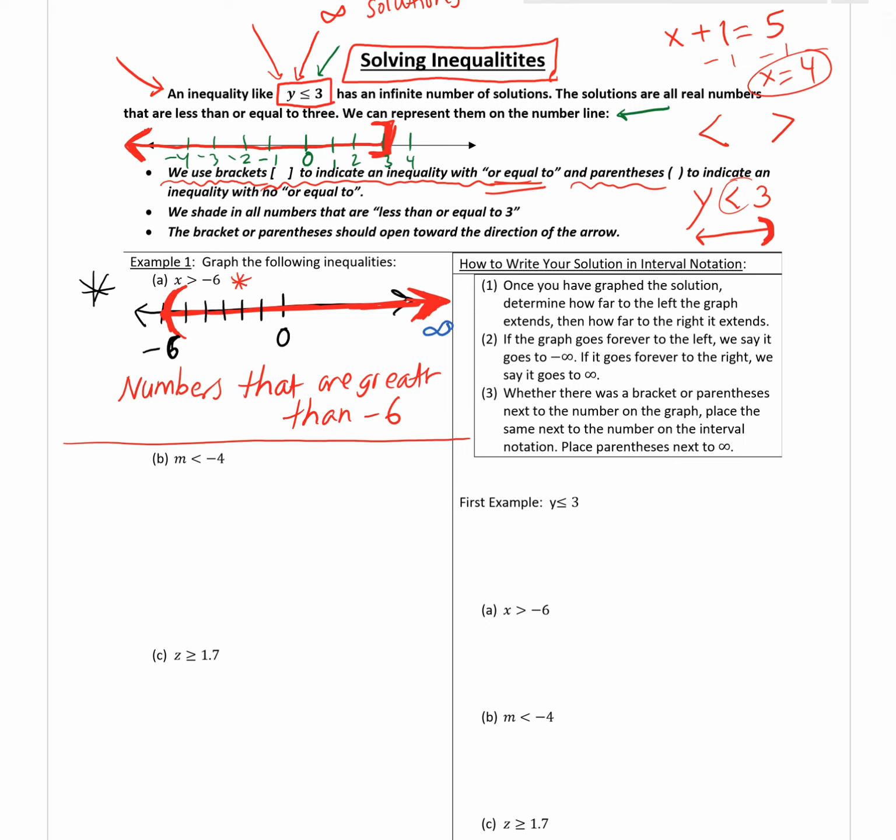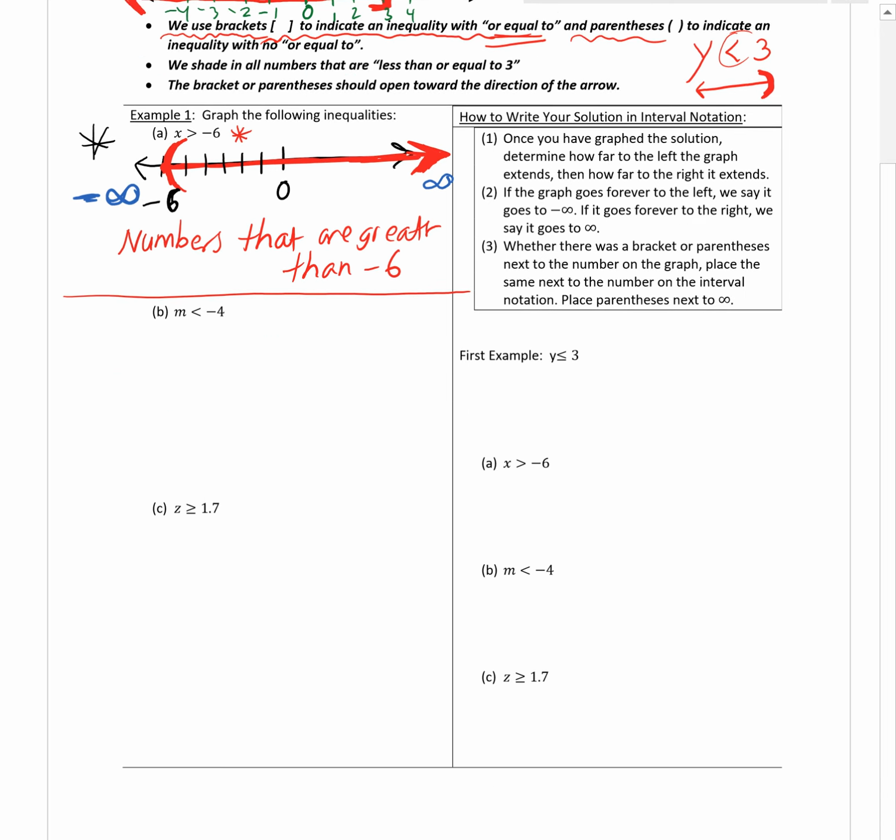That seems like it's also going to infinity, right? It's going -1, -2. If you go all the way that way, you're going to infinity. But to differentiate, we call it negative infinity. So that's the difference between going all the way to the right and going all the way to the left. On the left, you have negative infinity because those are all the negative numbers. On the right, you have positive infinity because those are all the positive numbers. Right now, you don't need to label that on these graphs, but it's going to be useful in the coming examples. All right, I think we're getting the hang of this.